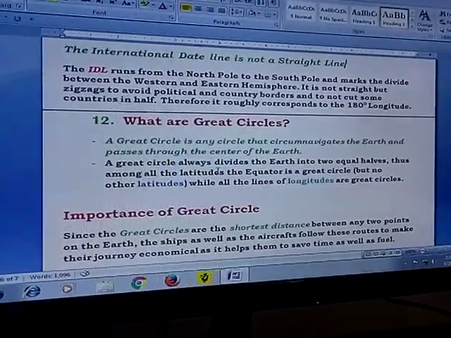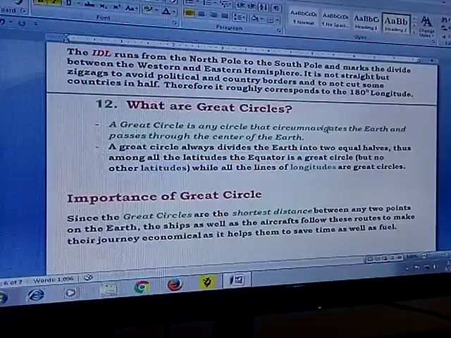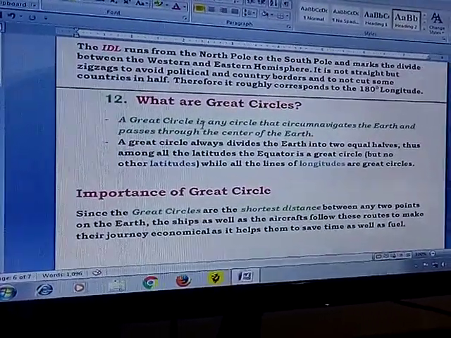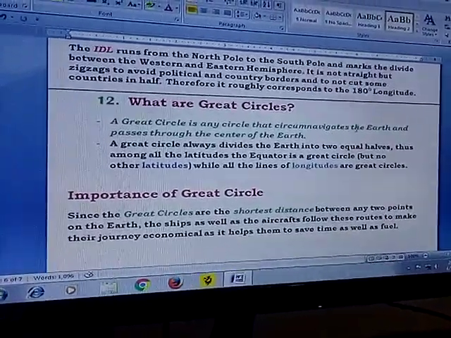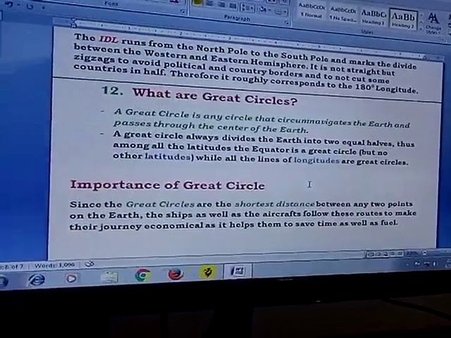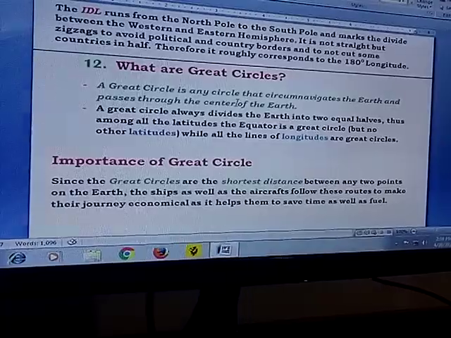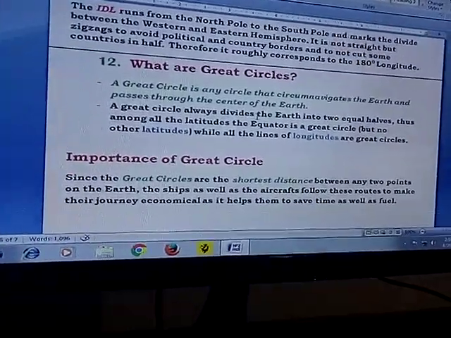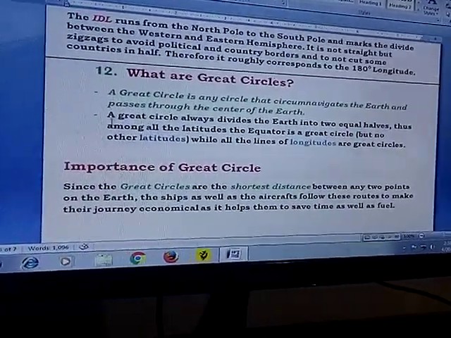Our last topic of this particular chapter is the great circle. What are great circles? A great circle is any circle that circumnavigates the earth. Circumnavigation is going round the earth, and it passes through the center of the earth. A great circle always divides the earth into two equal halves.